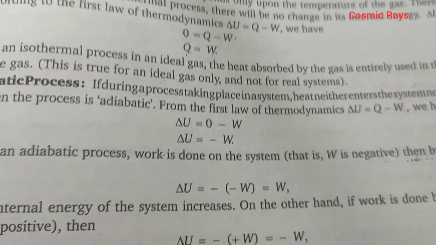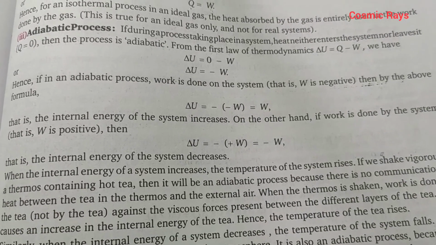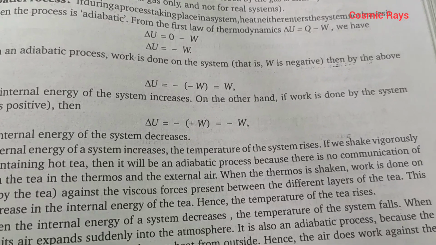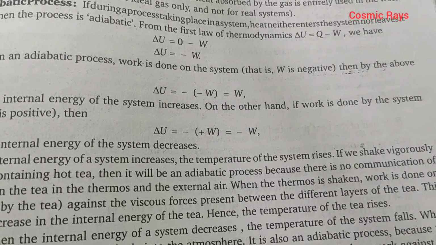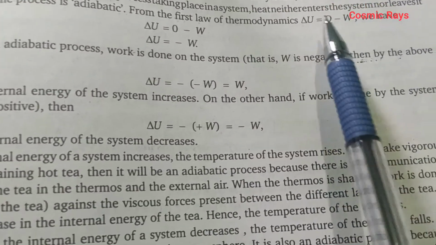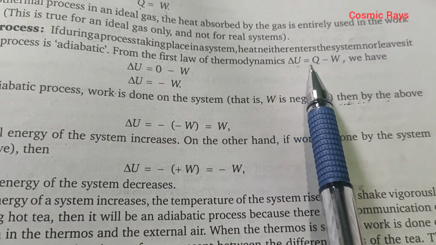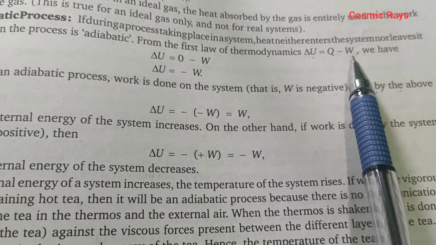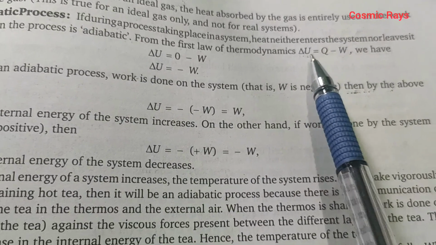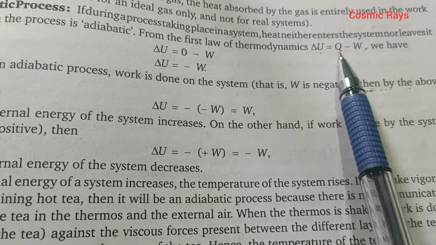And then finally we have the adiabatic process, the processes where there is no heat exchange between the system and the surrounding. The heat can neither enter the system nor leave the system. So in that case, the first law of thermodynamics, delta U equal to Q minus W, takes the form: no heat is allowed to enter or leave the system, so Q is 0.